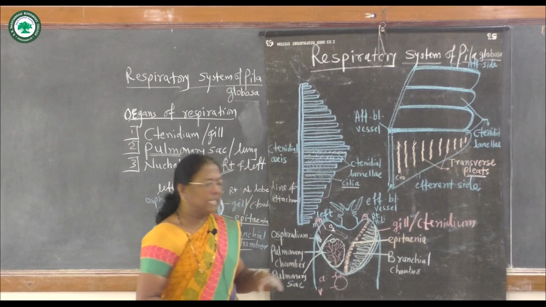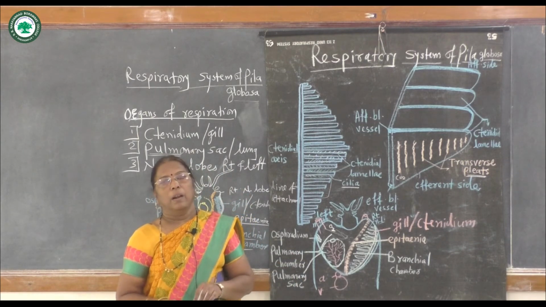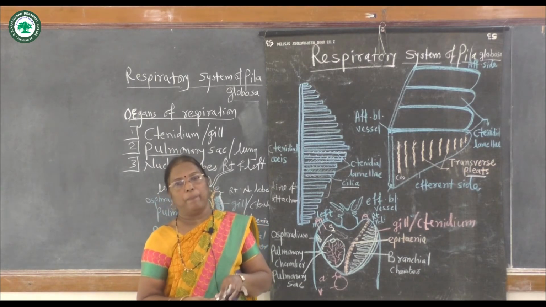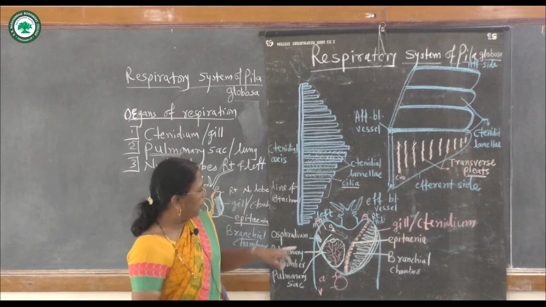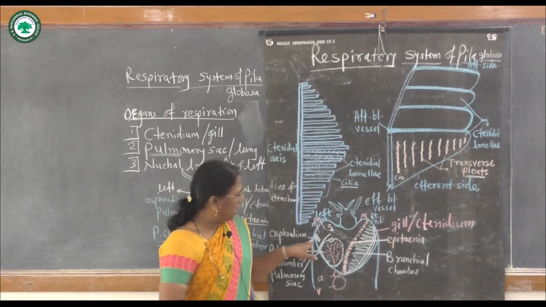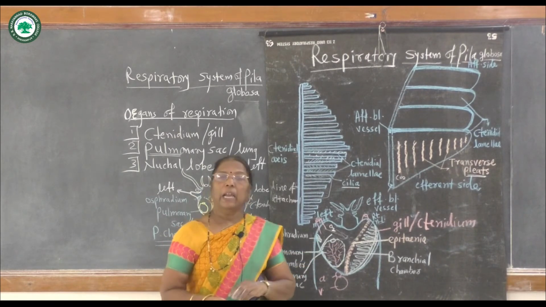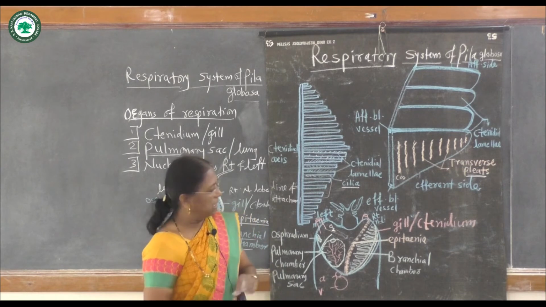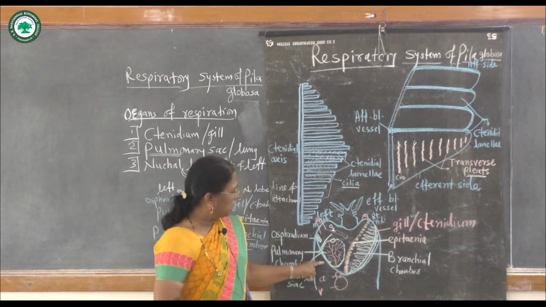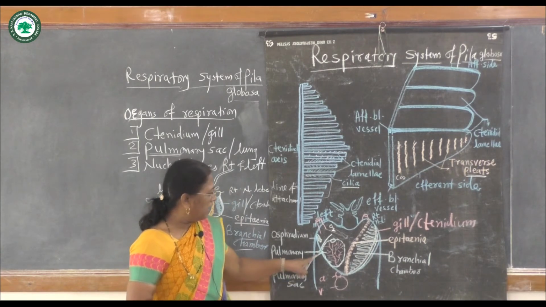This pulmonary sac is nothing but a modification of the mantle wall itself. At the roof of the mantle wall, there is a bag-like structure called the pulmonary sac, or lung.